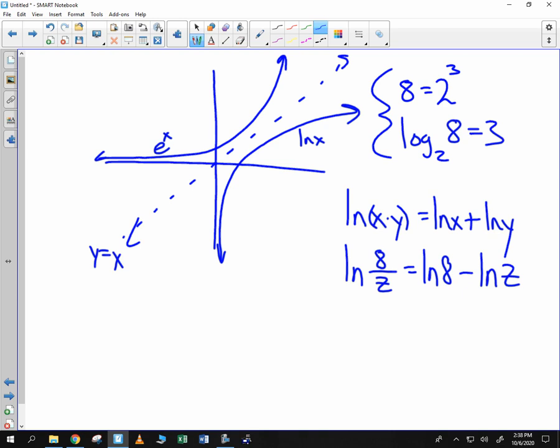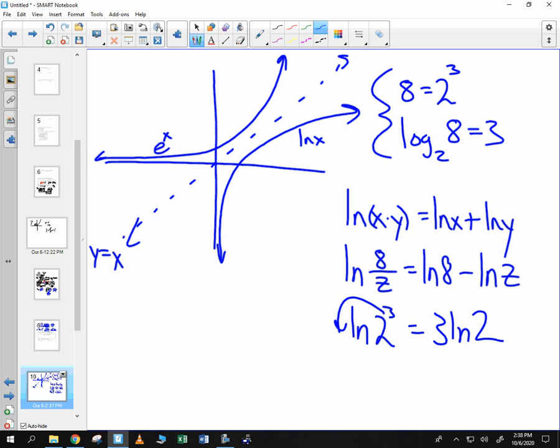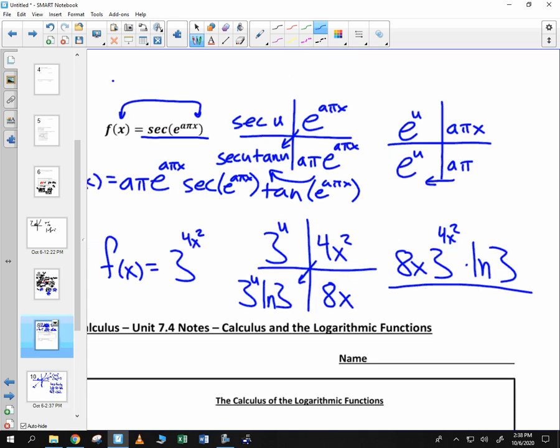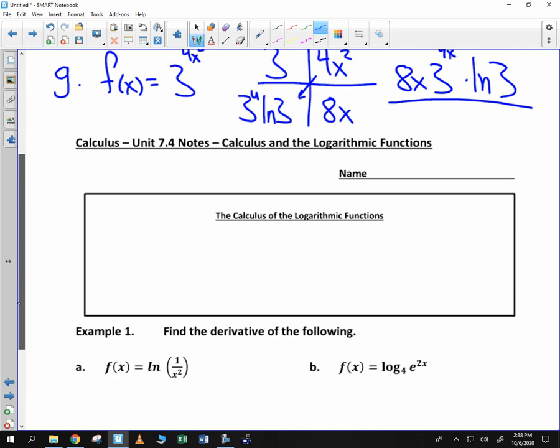And suppose you had the natural log of 2 to the third. That's the same thing as 3 times the natural log of 2. So from your college algebra class last year, those were some important relationships that we discussed. There's a little bit of a review that we'll be referencing during some of these examples.